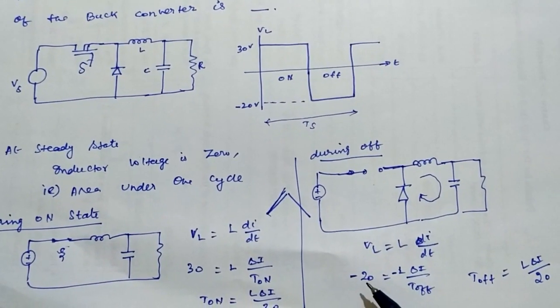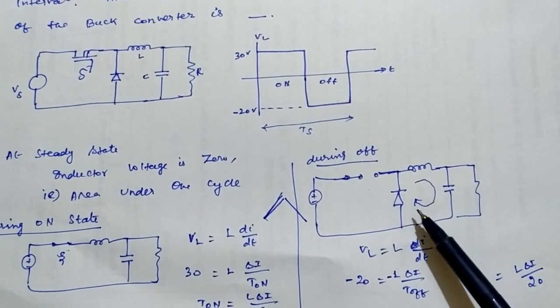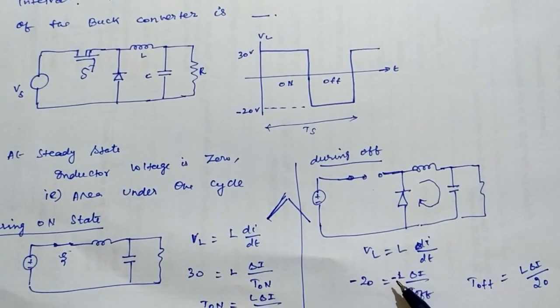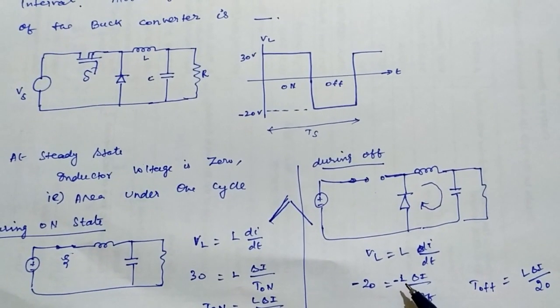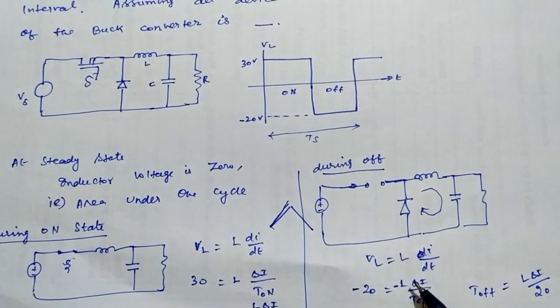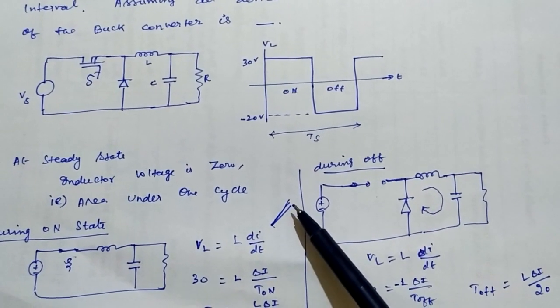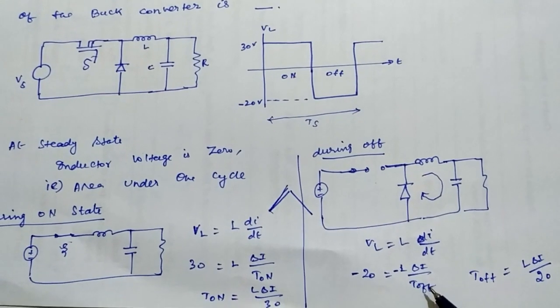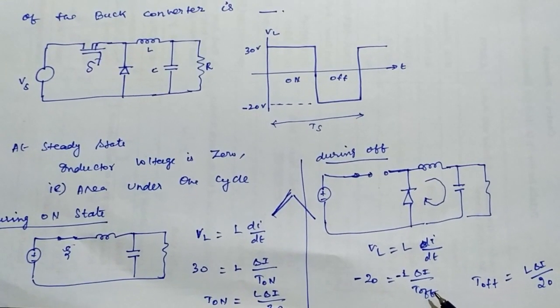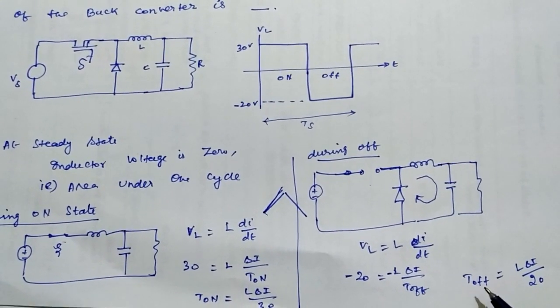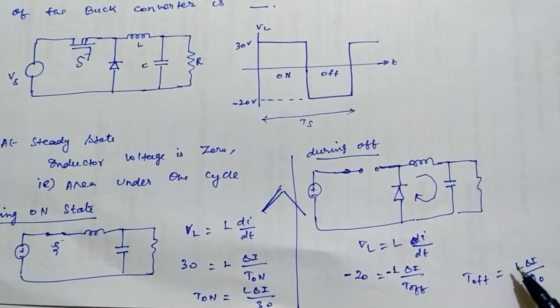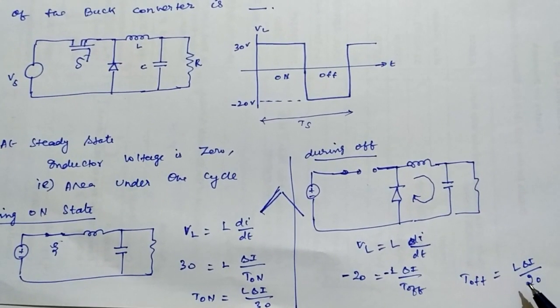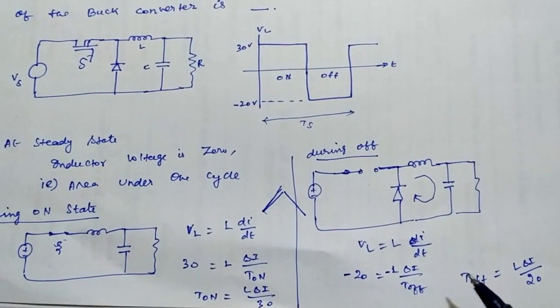In this period the inductor is discharged, so we represent it as minus L into the rate of change of current, del I divided by T off, where T off is the off time. So from this we can write off time is equal to L into del I over 20. So this is the on time and this is the off time.